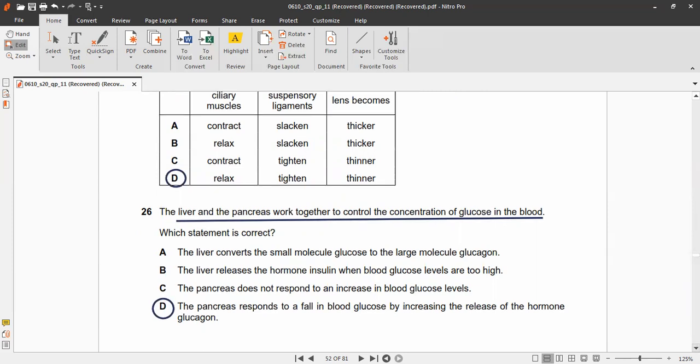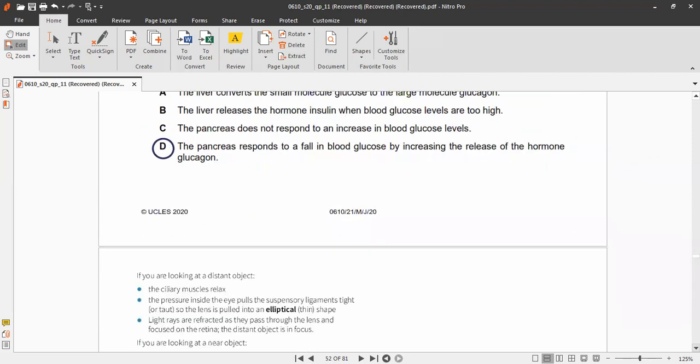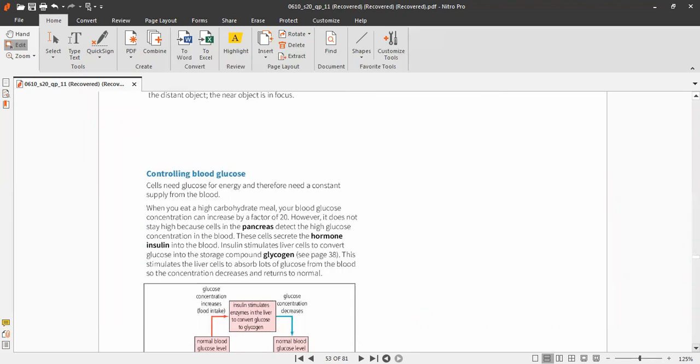To control the concentration of glucose in the blood, the pancreas responds to a fall in blood glucose by increasing the release of the hormone glucagon. Here, controlling blood glucose.